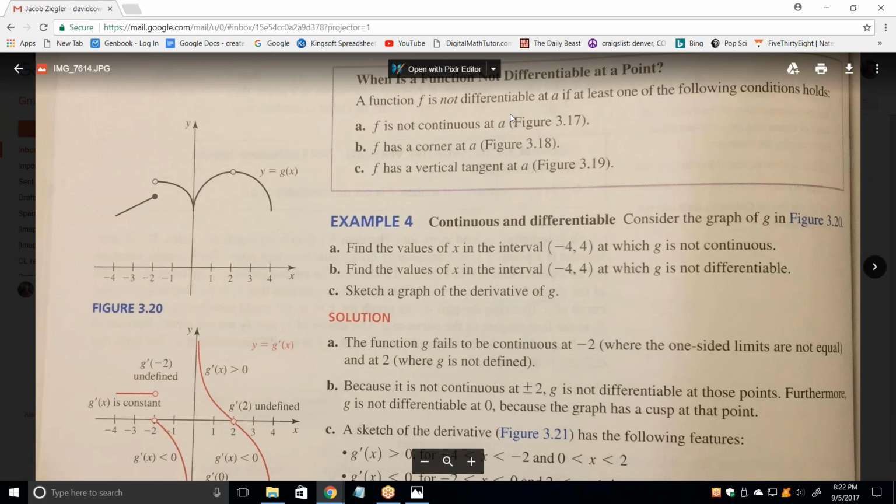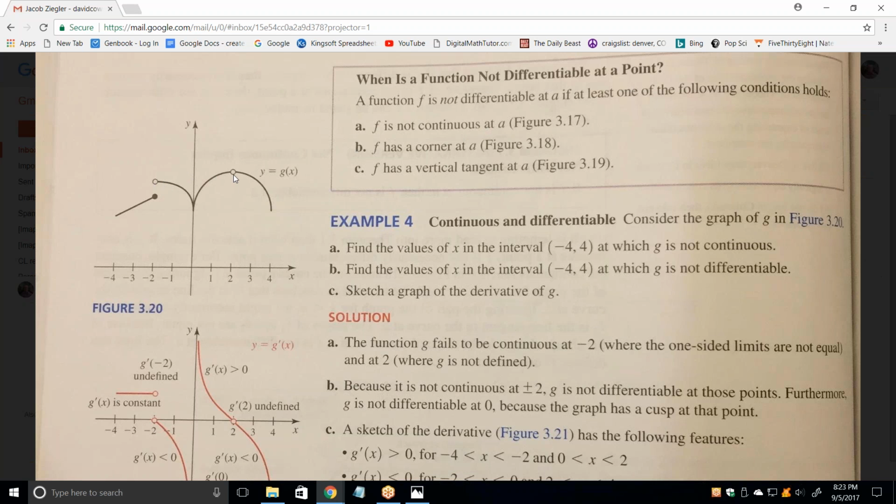In other words, a function is not differentiable if it's not continuous. So if I point to that point right there, can you see where I'm pointing? It's not differentiable at -2. If I point to that point, it's not continuous there. It's not differentiable also.